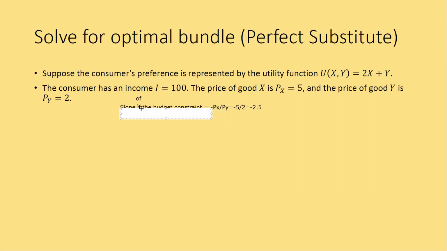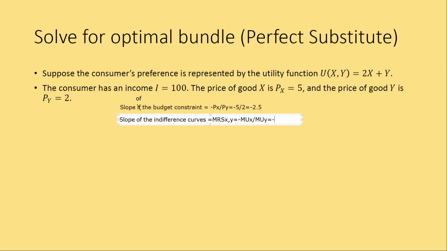And the slope of the indifference curves is determined by the marginal rate of substitution. In this case, it is MRS of x for y, which equals the negative of MUx divided by MUy.